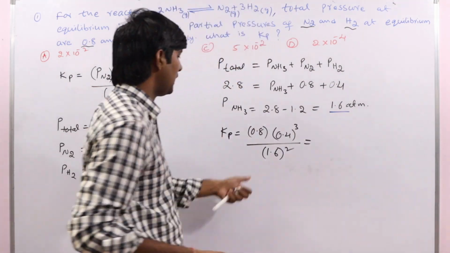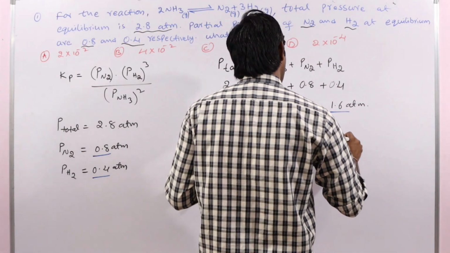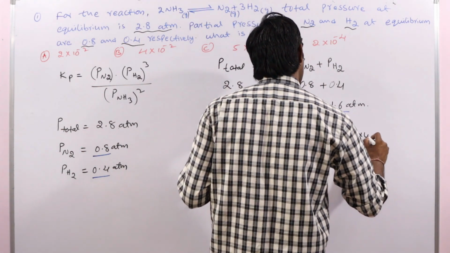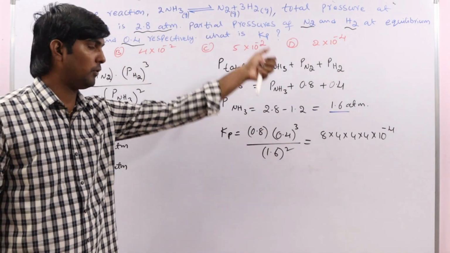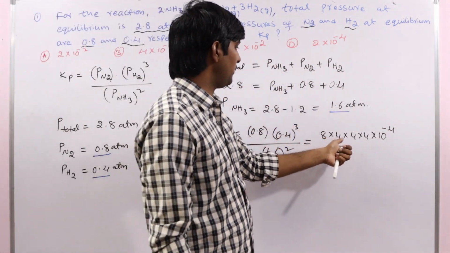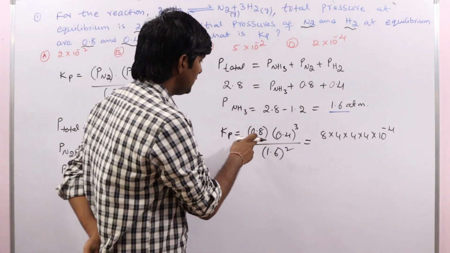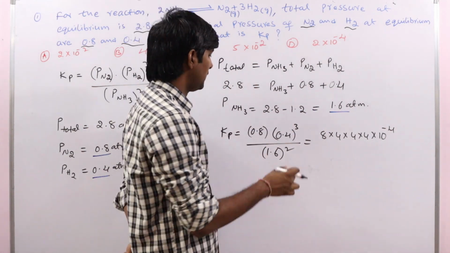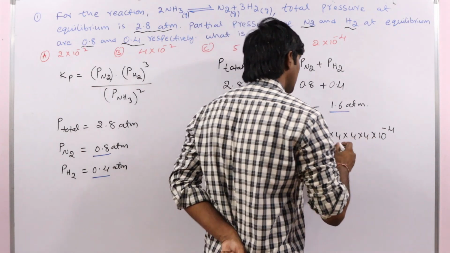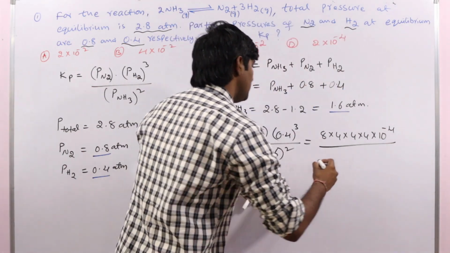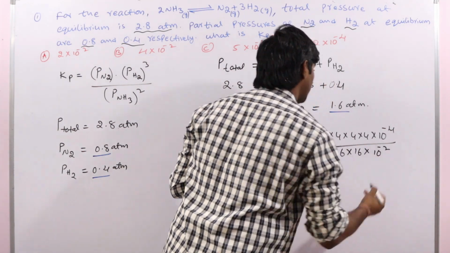This we can write as 8 into 4 into 4 into 10 power minus 4. 0.4 whole cube is 0.4 into 0.4 into 0.4. For simplification, we write this as 8 into 10 power minus 1, and this also as 4 into 10 power minus 1. So overall, we can write 16 into 10 power minus 2.